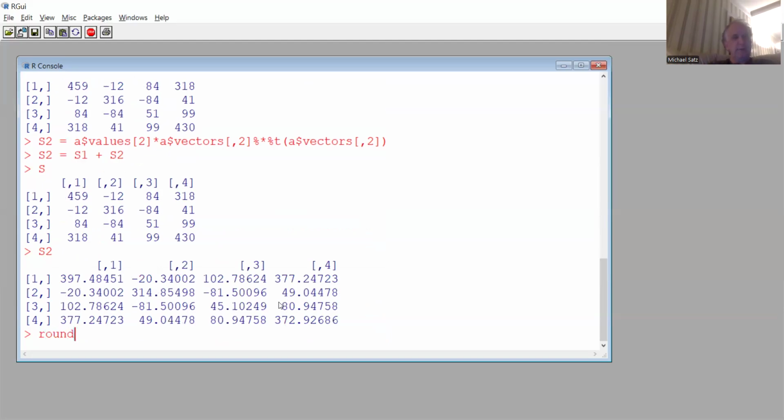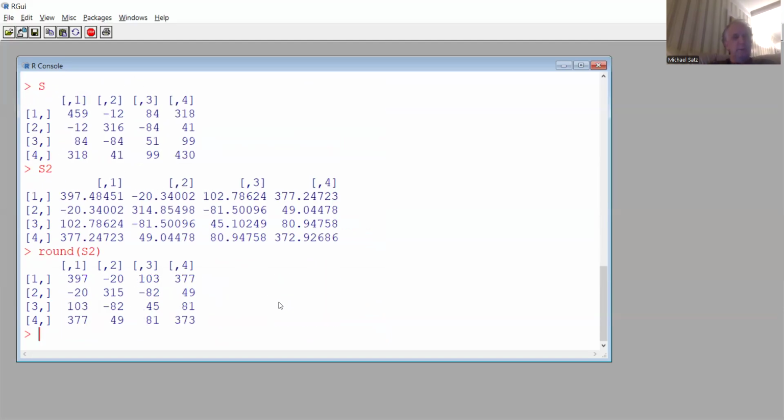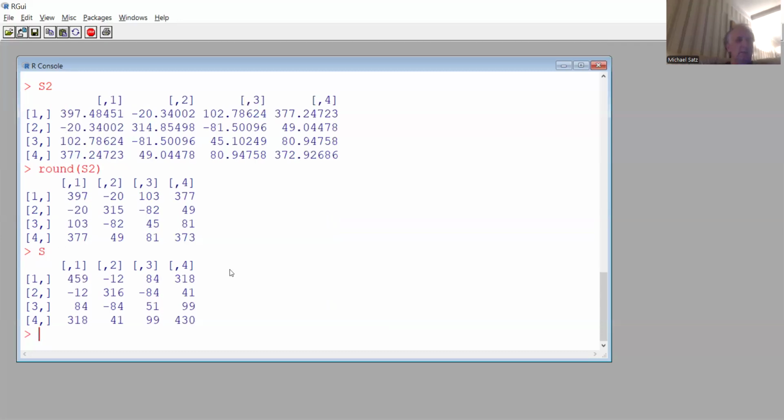Let's look at round S2 and S. You can see it's getting closer. Look at the second row: 41, 49, minus 84, minus 82, 315, 316. It looks pretty good. If I take the next one, it's going to be super close, but it's already getting there.